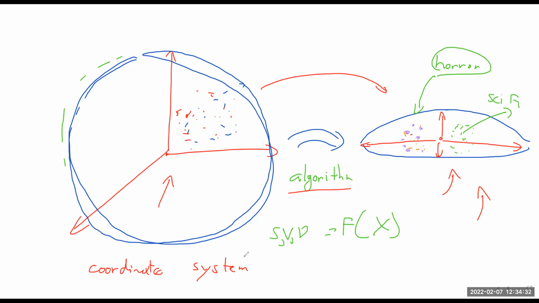Coordinate systems are really important in all of science and engineering and everywhere, because they allow you to put your data, your thoughts in there and organize, and then do operations on them. So you take one coordinate system and you arrive at another coordinate system, which hopefully will help you to better represent your data and learn more things about it.